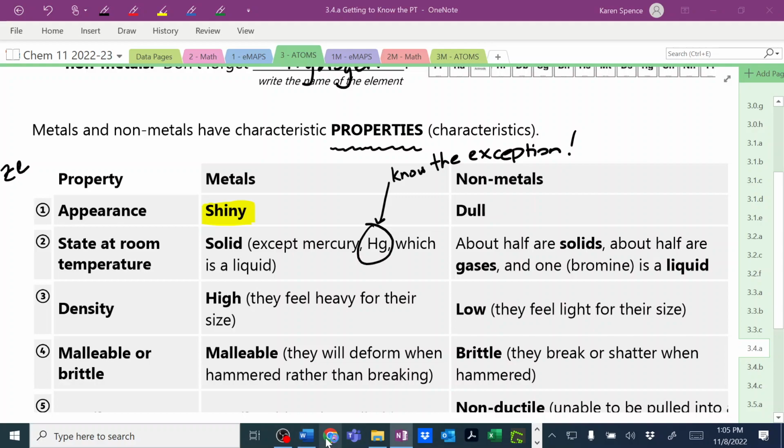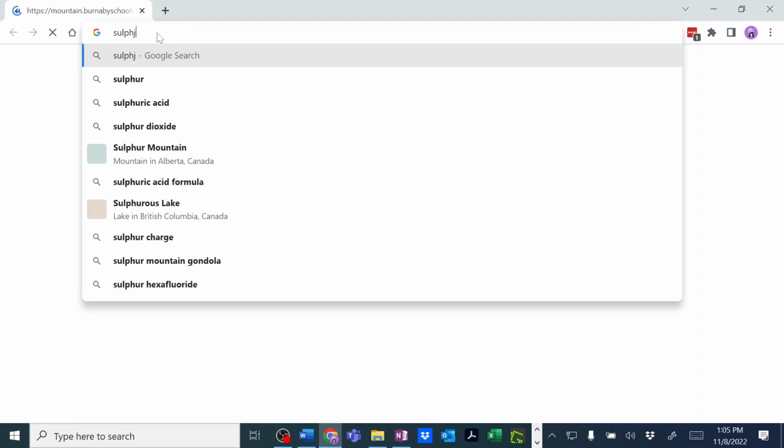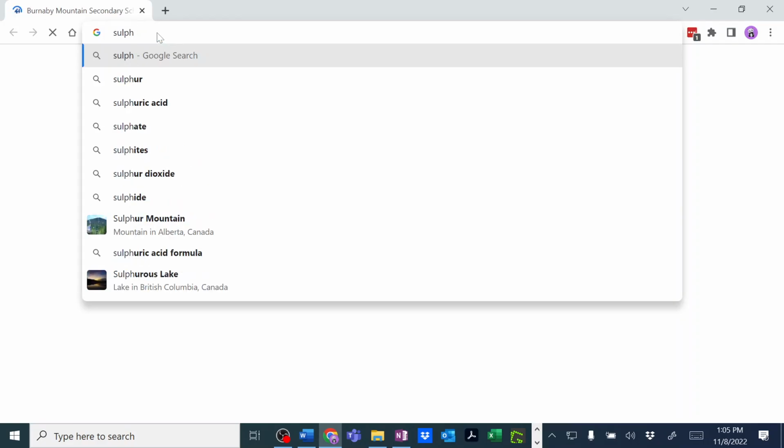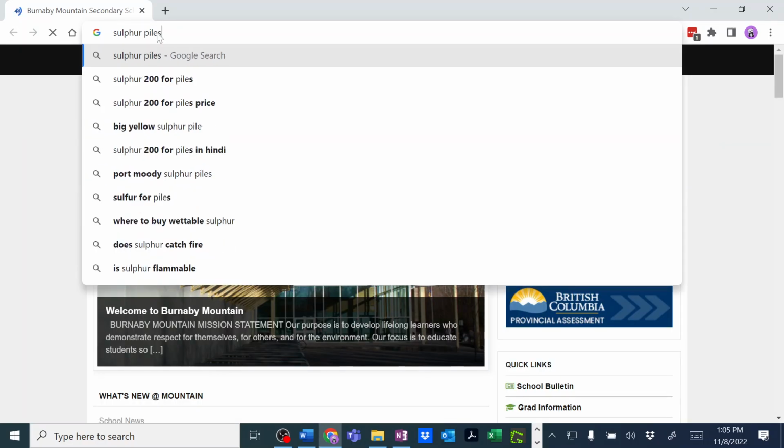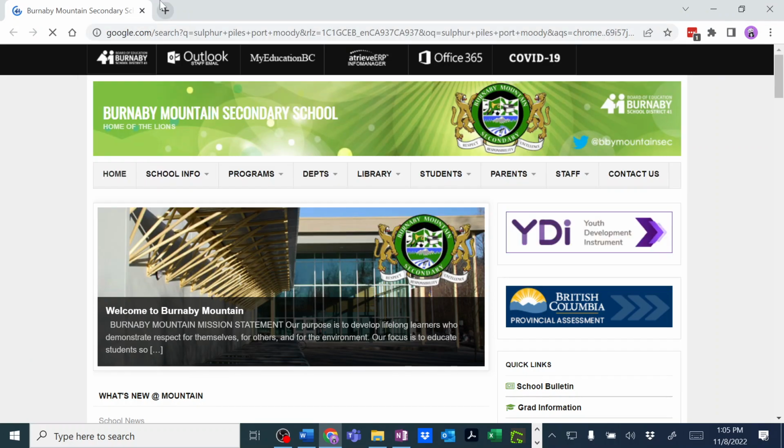Here, let's look them up. Even though I said I wasn't going to look something up, we'll look them up. It's near Rocky Point Park. There we go.